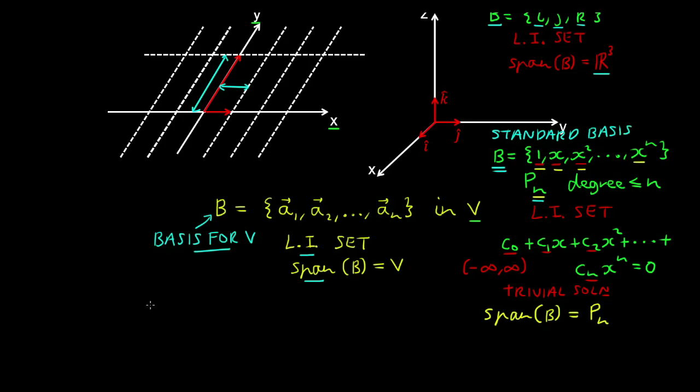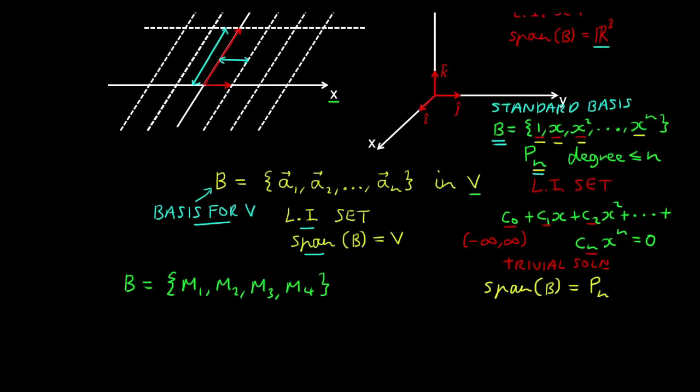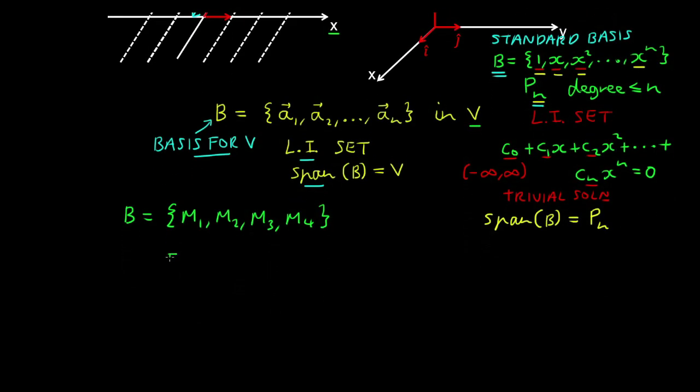And let's do one more example where we have B being a set of matrices M1, M2, M3 and M4. So M1 has an entry of 1 in the first row and first column, and 0s otherwise.